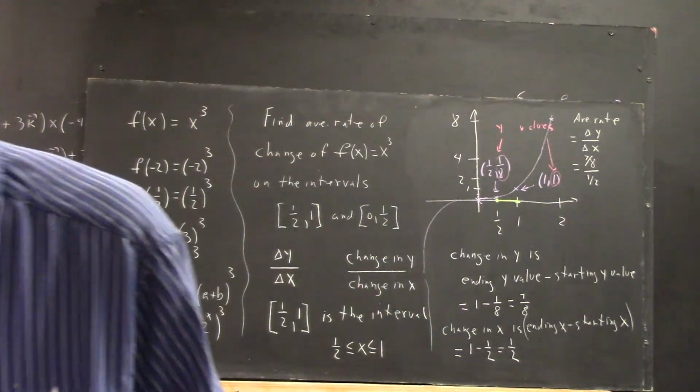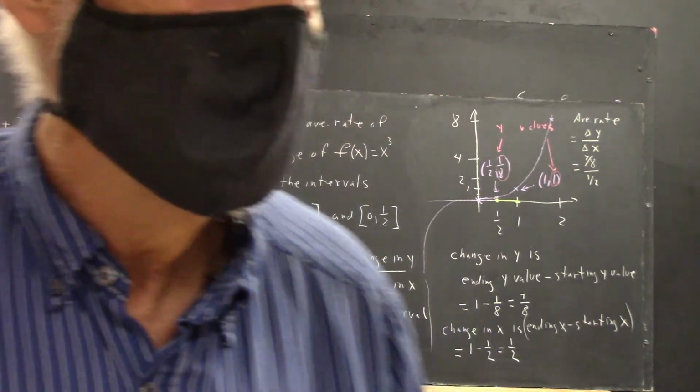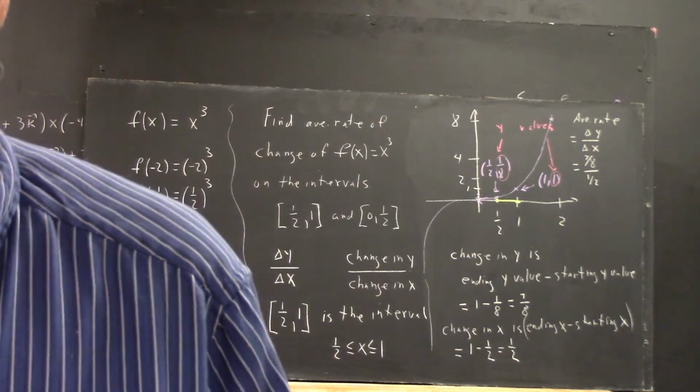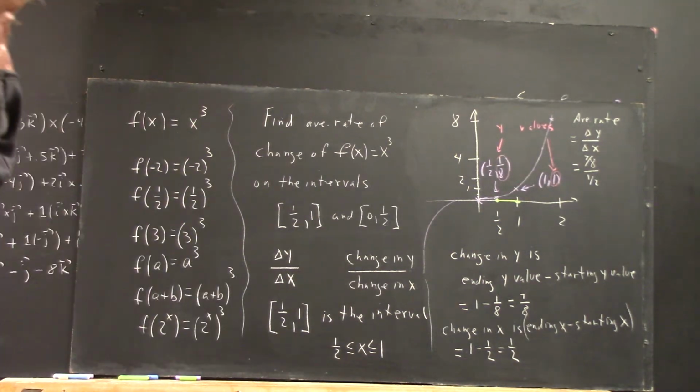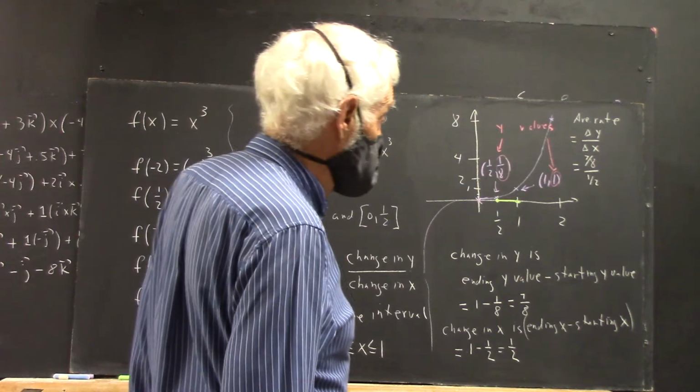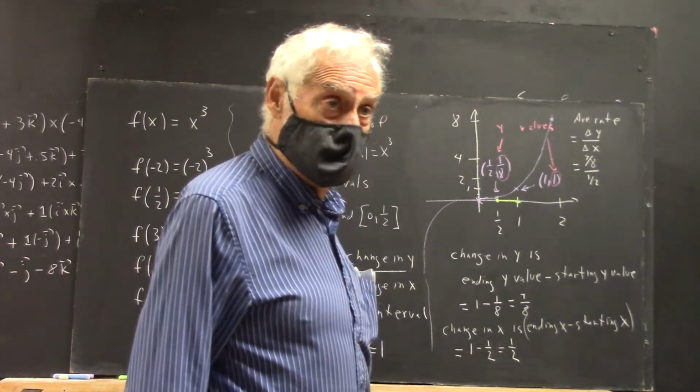Now there is an assignment on multiplying fractions and dividing fractions, okay? It comes later in this course. If you don't understand this, you might want to look ahead and do that. It's a pretty easy assignment.